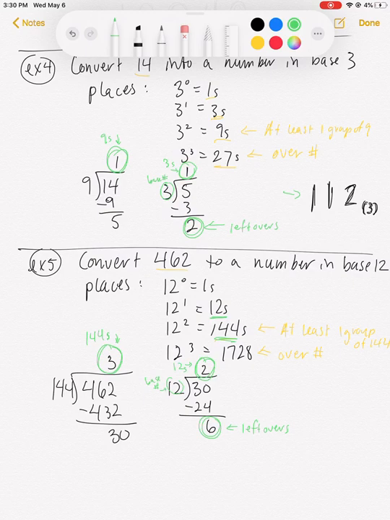And that means that we're done with our numbers. So we got all the places. We got 3. So our answer is going to be 326 base 12. All right, so that's our lesson for conversions.